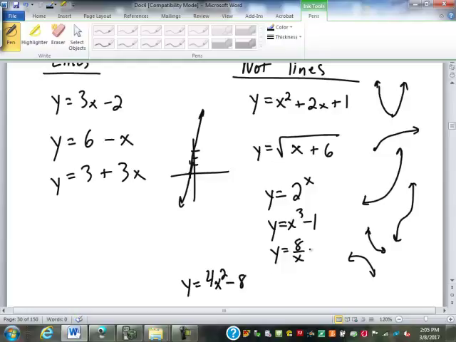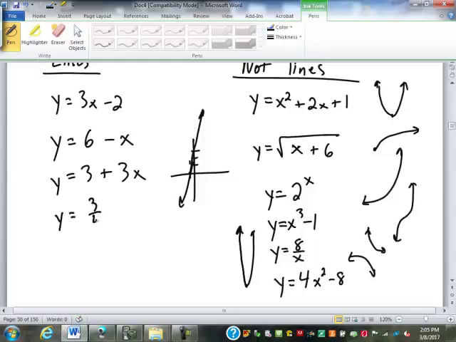Did that one form a line or not? Oh no. That one does not form a line. That one should end up looking, again, like a parabola, but very narrow because of the 4 times the x squared. And then the last one, number 10, I'll give you that one as a line. Y equals 3/4 x minus 4.